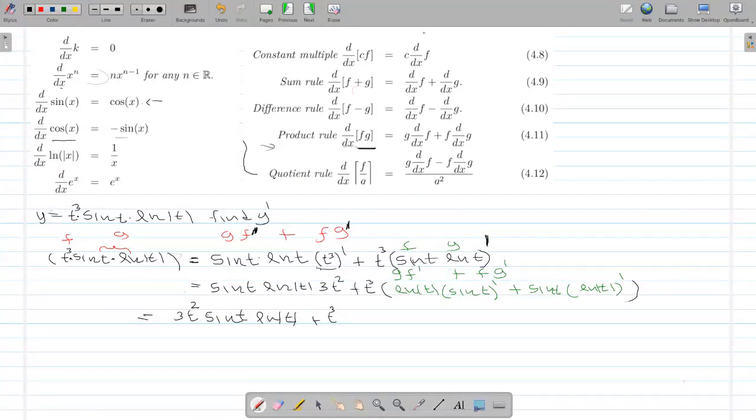Okay. Now here I have t cube, 1 over t, derivative of sine t is cos t. Okay. Sine t. So derivative of sine t is directly listed here. Now cos t. Okay. And then sine t, derivative of ln t is written here, 1 over t.